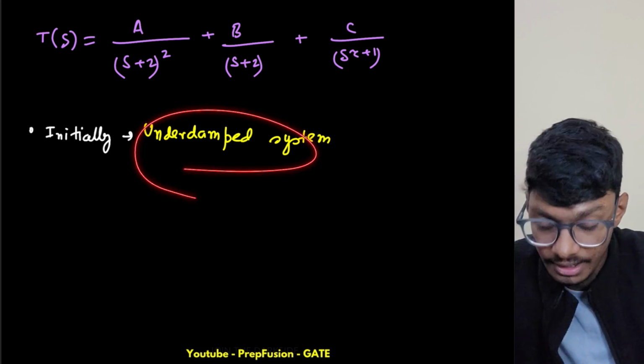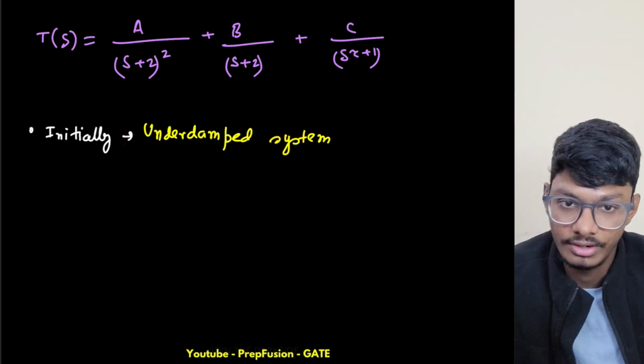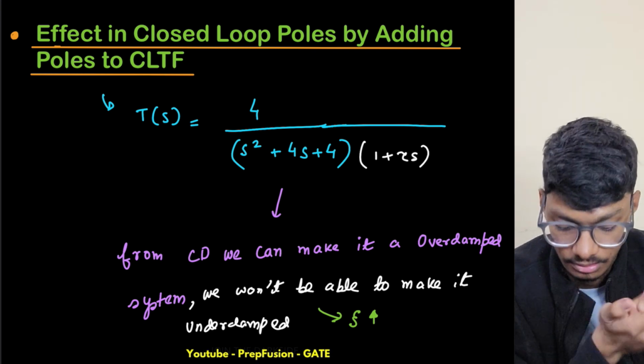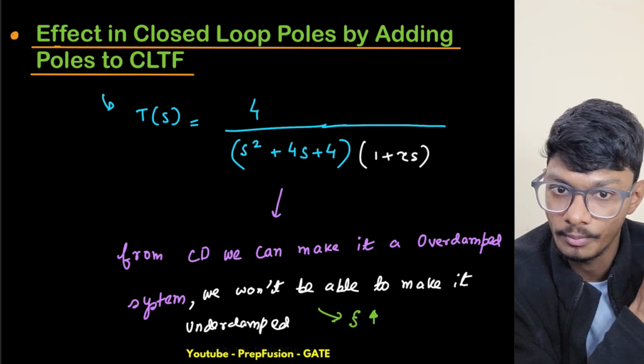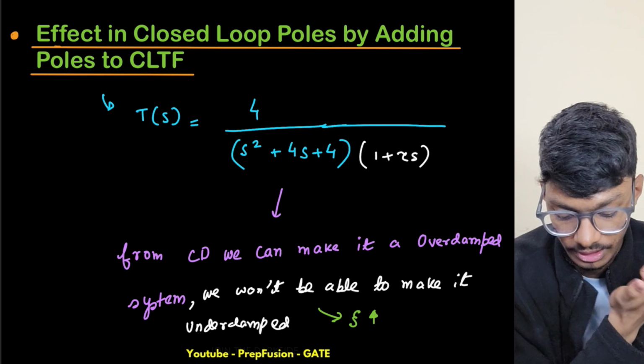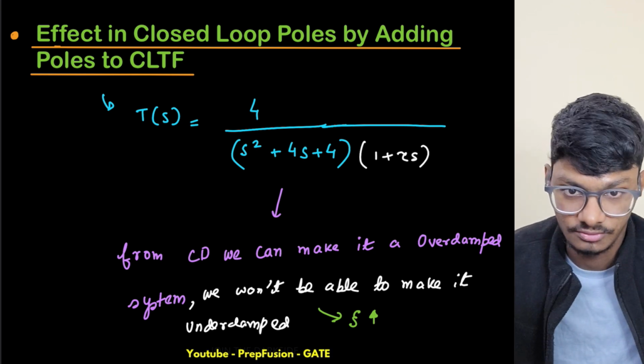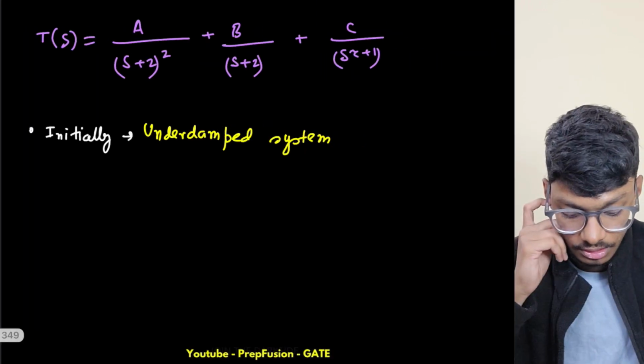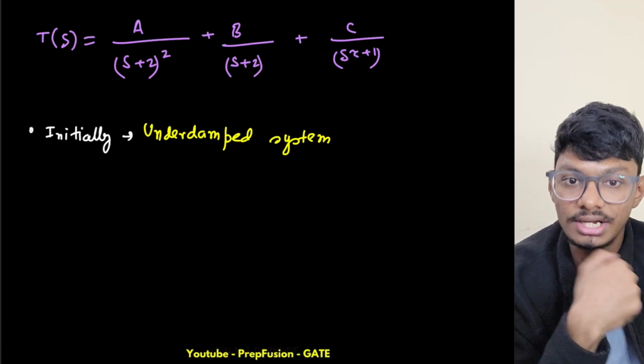Now initially, if I had an underdamped system, what does that mean? If I now add a pole, what will happen? Much nearer to the origin, that will dominate. Again, that will become overdamped. And if I add it much further away from the origin, it will still remain underdamped. So if I add it nearer to the origin, my zeta increases.